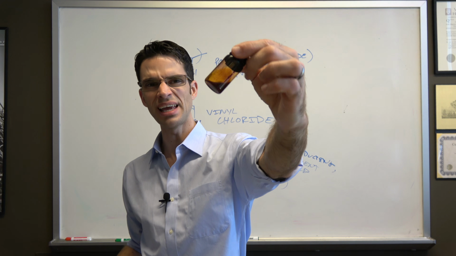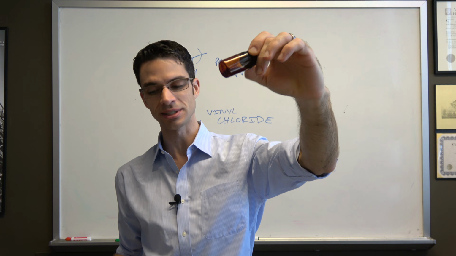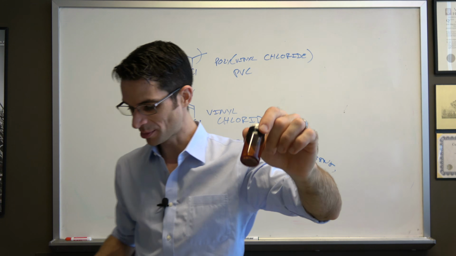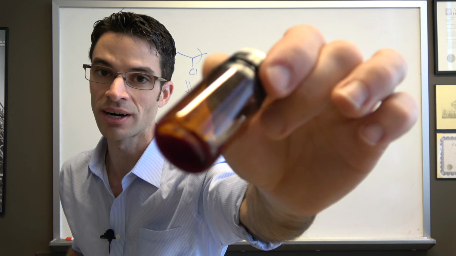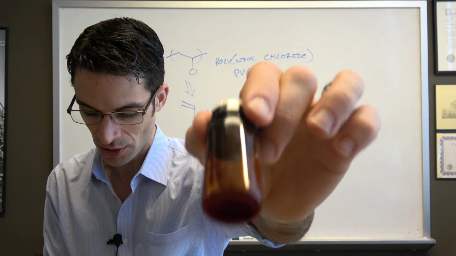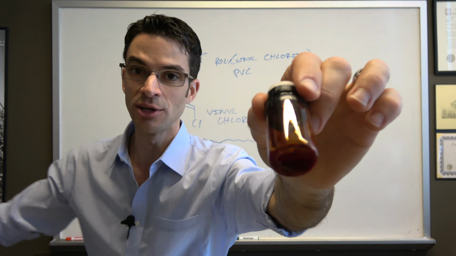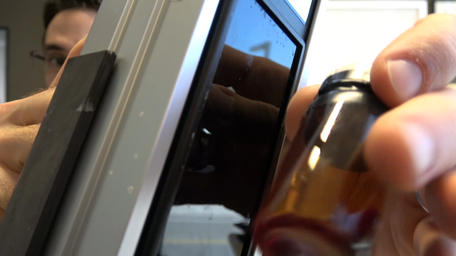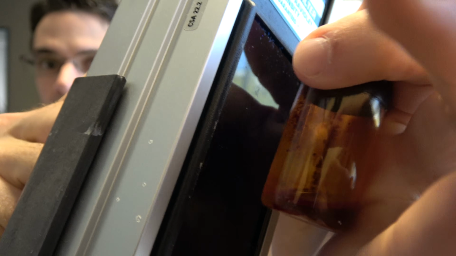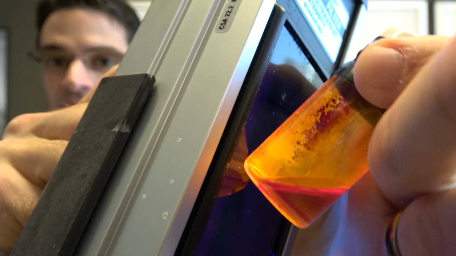I might have even made this a few years ago. I don't know if this is one of my samples, but anyway, this is what it looks like. It's dark red. But what's cool about it is if you take a UV light and you irradiate it, it becomes fluorescent.